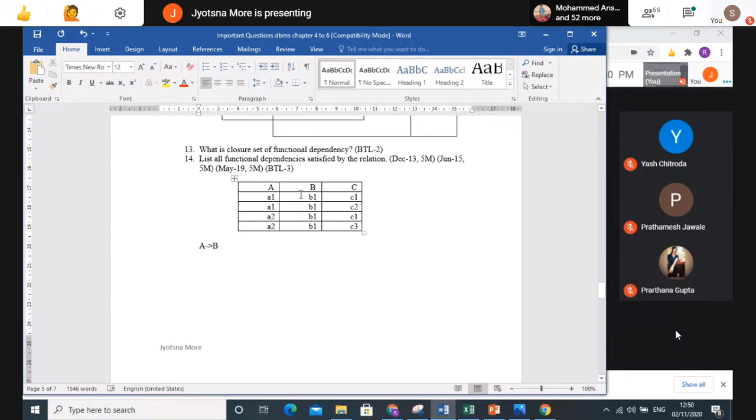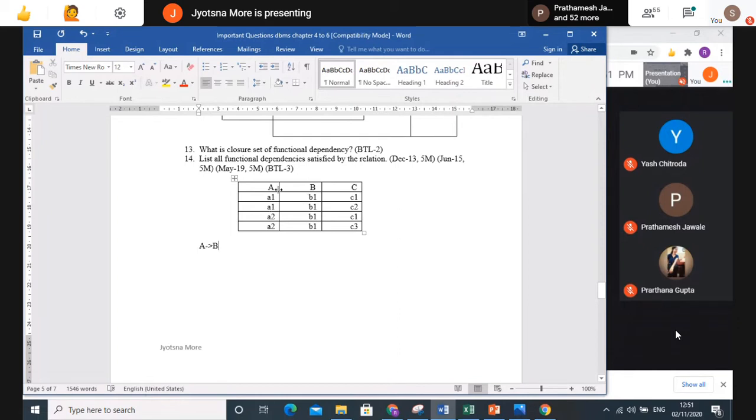If these two are the same, these two have to be the same. For exam point of view, this is based on the definition: if T1 of attribute A is equal to T2 of A, then T1 of B is equal to T2 of B, the same as tuple 1.